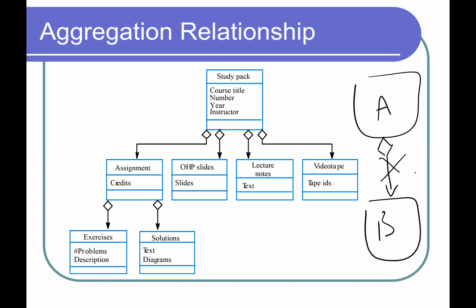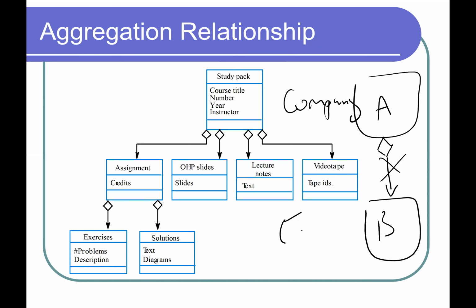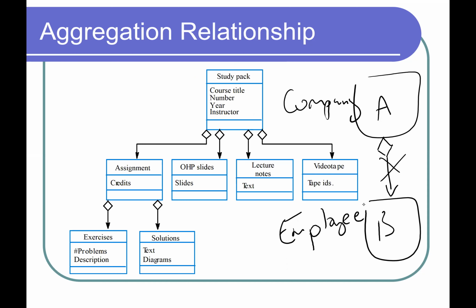A classical example of this: you have a company at the top, and you have employees at the bottom. In case the company is gone, employees still live on. They can go on and live and work at a different company.